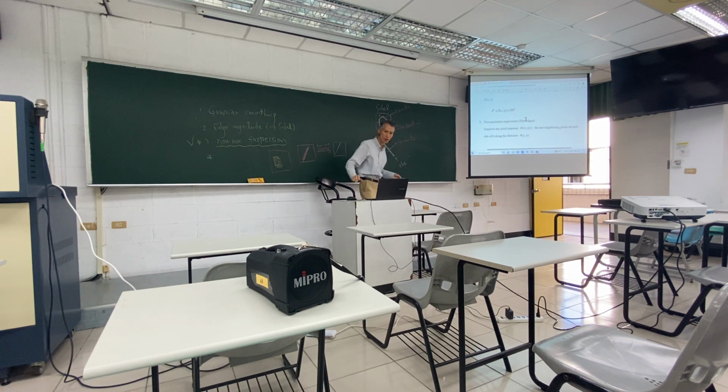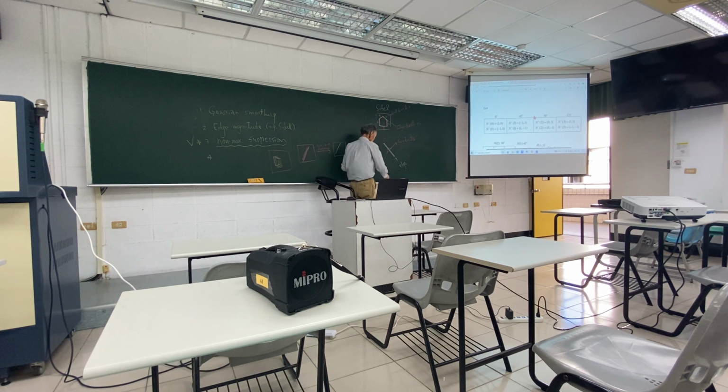Okay, so here's the procedure. Suppose we simply assume that we use just a 3x3 neighborhood, then we only have four directions. We have 0 degree, 45 degree, 90 degree, and 135 degree.